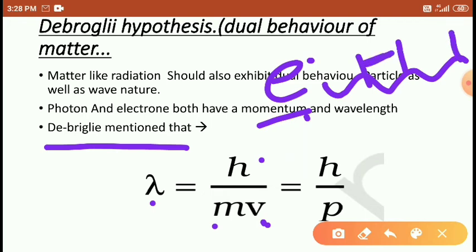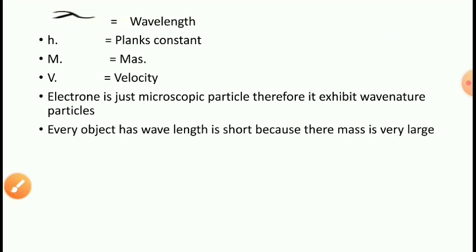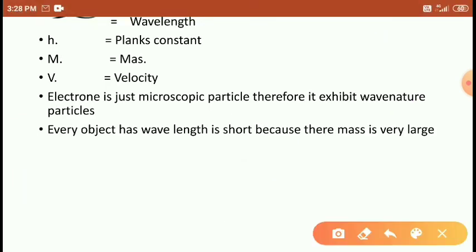So that's why he considers this formula, lambda equals h by mv. The wavelength of an electron is measured by the h by mv formula. Here mv is the momentum, also designated as p. So lambda is the wavelength, h is the Planck constant, m is the mass, and v is the velocity.